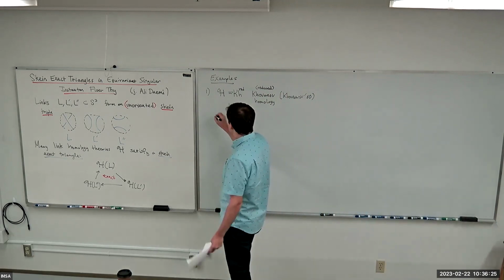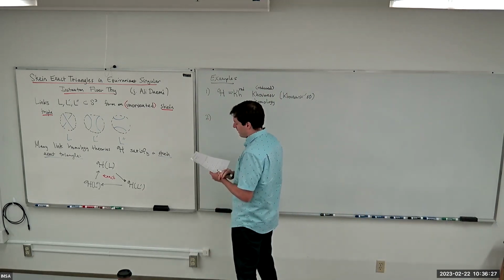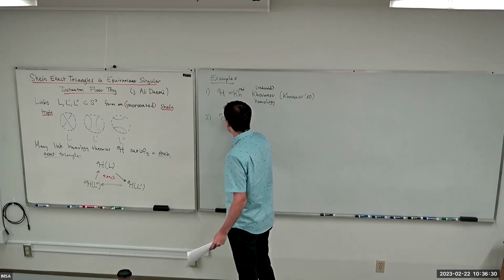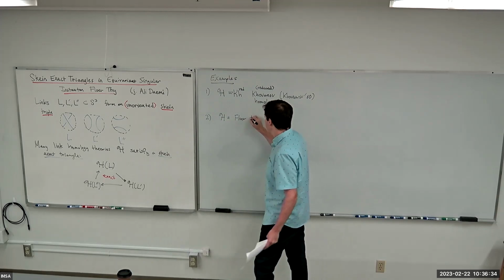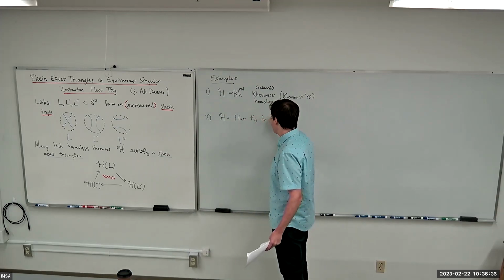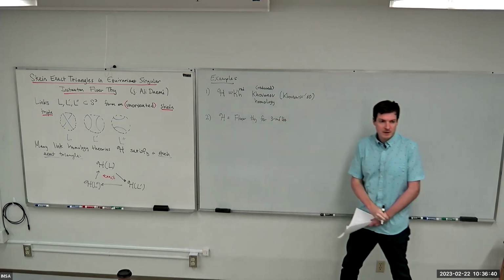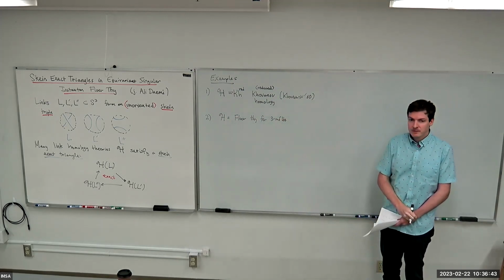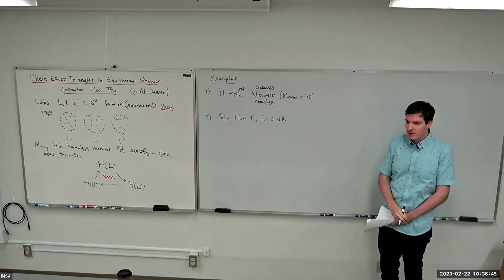The second example, you can take H to be a Floer theory for 3-manifolds, some Floer homology defined for 3-manifolds applied to the double branched cover of the link.